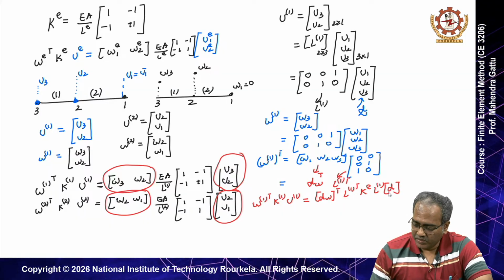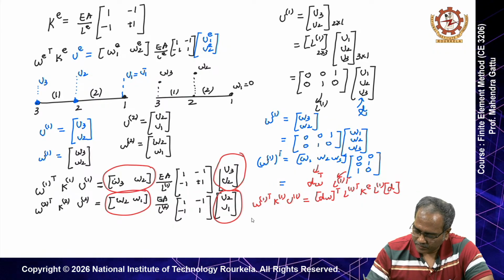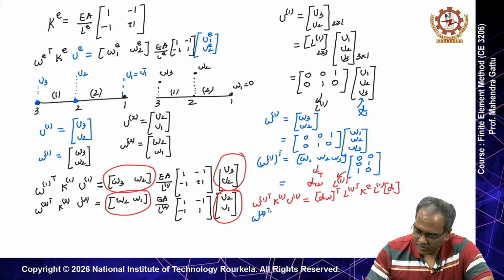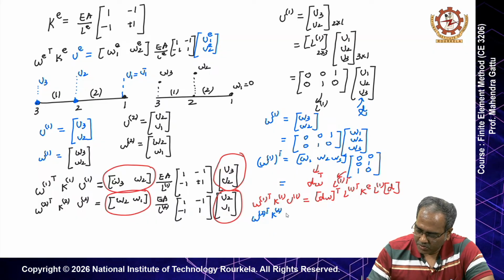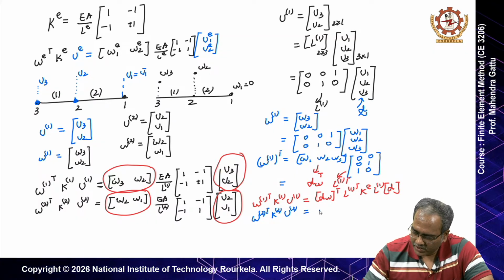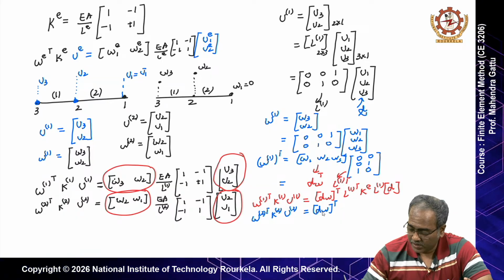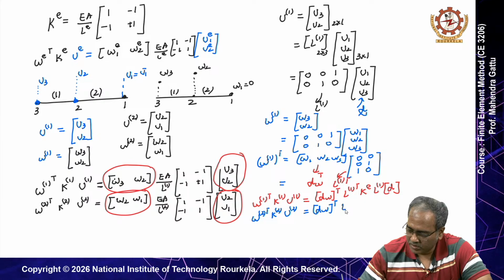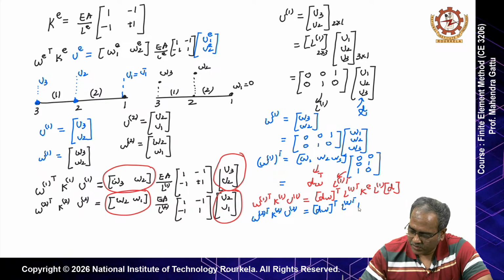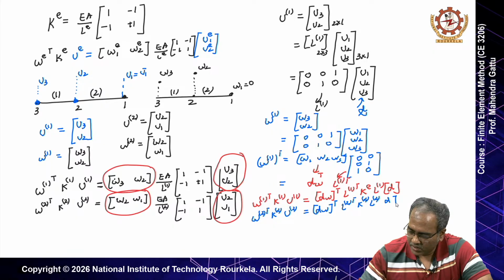The same exercise we can repeat for the second element. So, W2 transpose K2 U2 we will write as the global weight vector transpose, L2 transpose K2 L2 D.